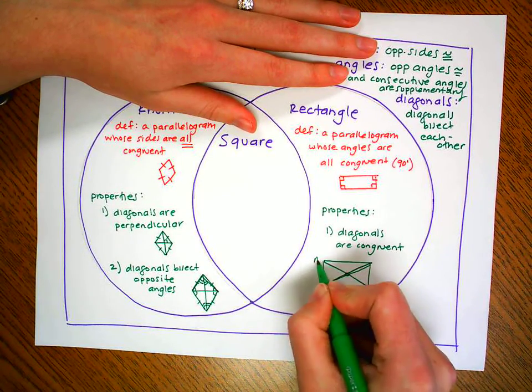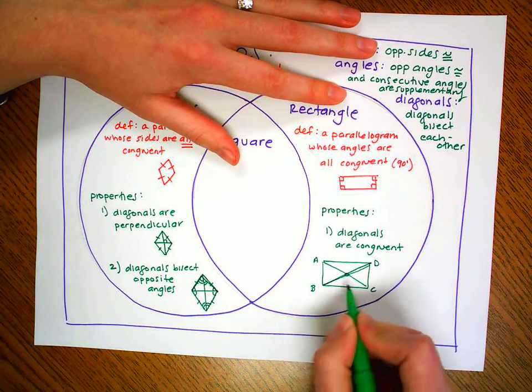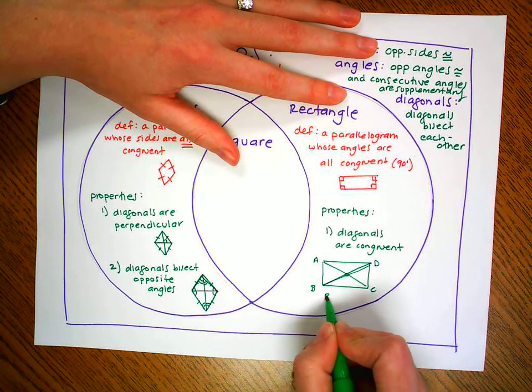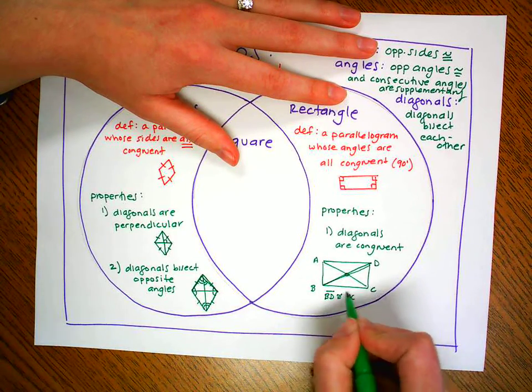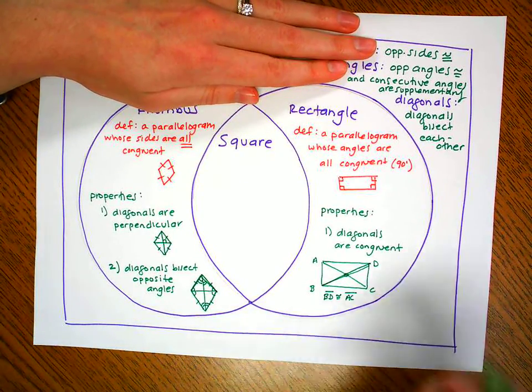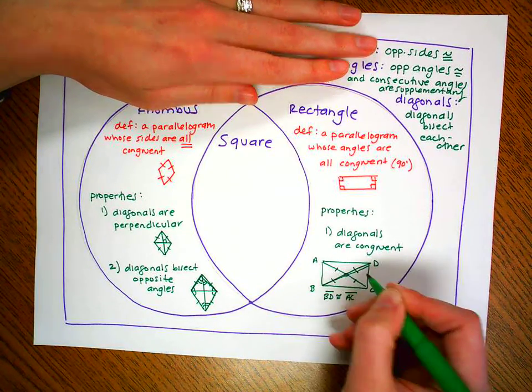If this is A, B, C, D, we could say that diagonal BD is congruent to diagonal AC. And because we already knew that the diagonals bisect each other, we can actually say that all four of these pieces are going to be exactly the same.